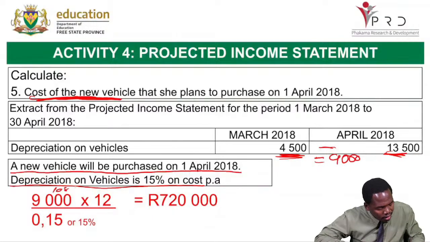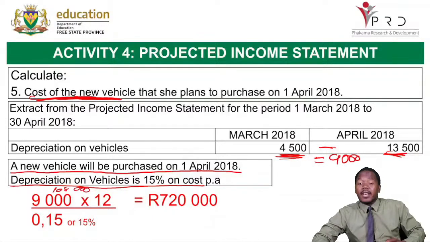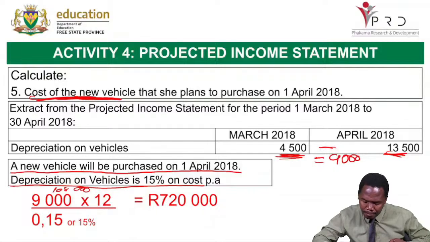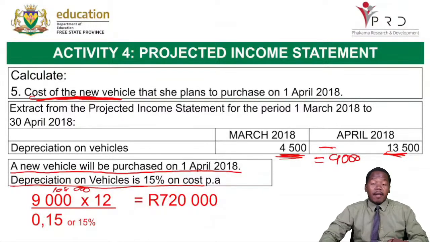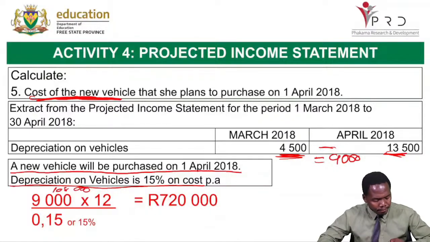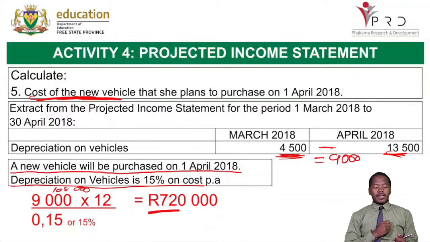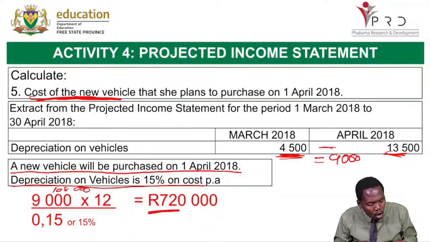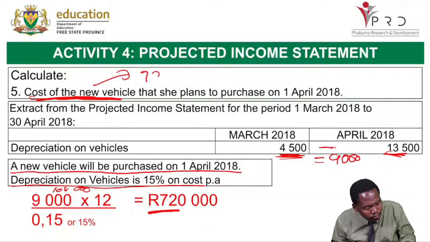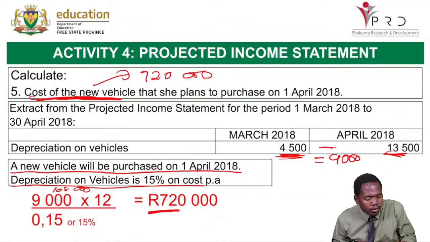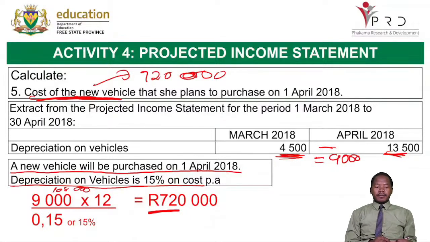And then now we can divide by 0.15, or divide by 15%. Then our answer becomes 720,000. That is the cost of our new vehicle. These are very interesting calculations, grade 12. After this, please do look at them again.